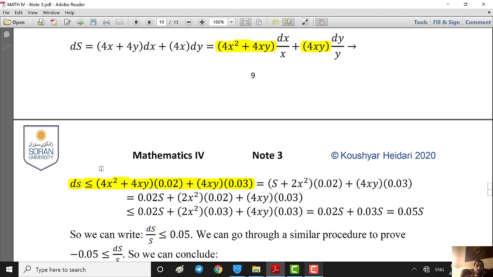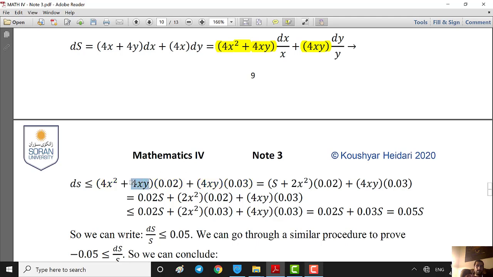The problem is we need ds over s. So we have to make s appear in the right hand side of this inequality, right? But how do we do that?